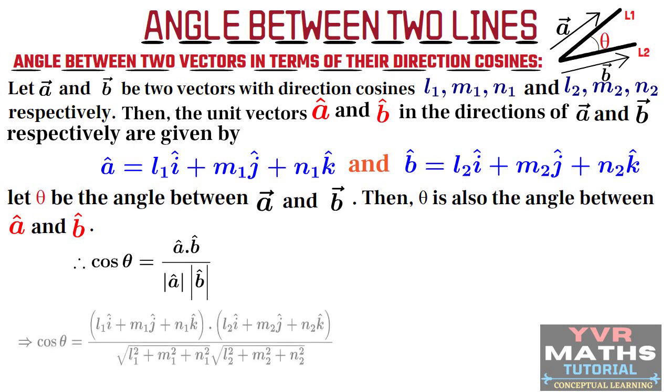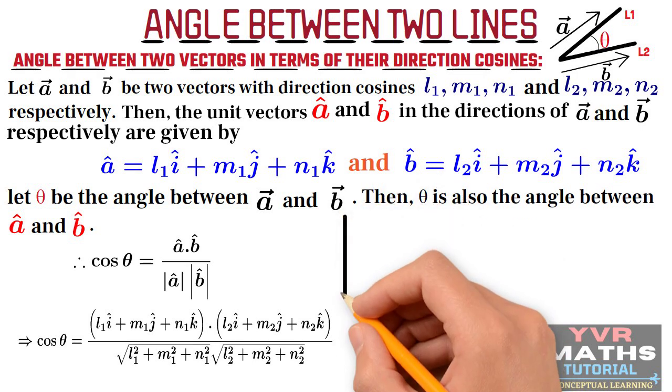Then cos theta is equal to numerator L1 i cap plus M1 j cap plus N1 k cap dot L2 i cap plus M2 j cap plus N2 k cap, by, what is the modulus of A cap? Modulus of A cap is nothing but root of L1 square plus M1 square plus N1 square into root of L2 square plus M2 square plus N2 square.